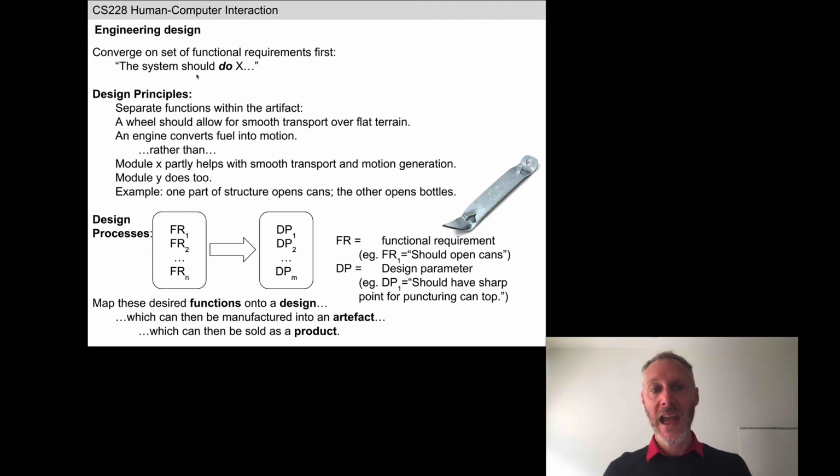This system cannot do X, where X is open cans and bottles simultaneously. We're always vigilant for those unspoken assumptions. That may be perfectly fine. It's hard to think of a user who would want to open cans and bottles at the same time. But if there are such users, we've excluded them from use. They cannot use this device for that need.